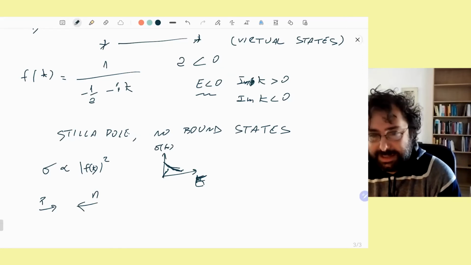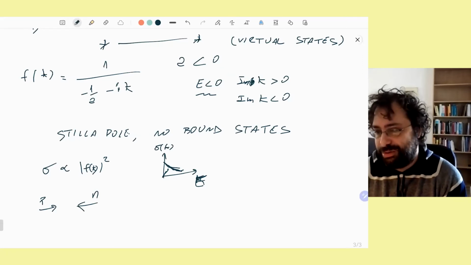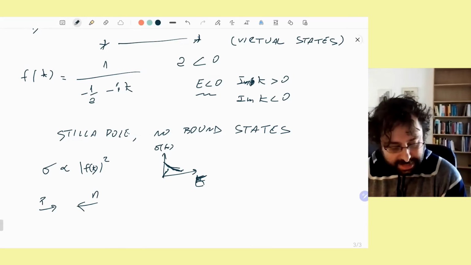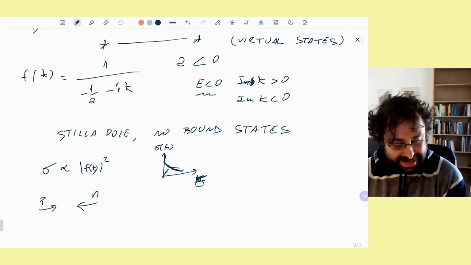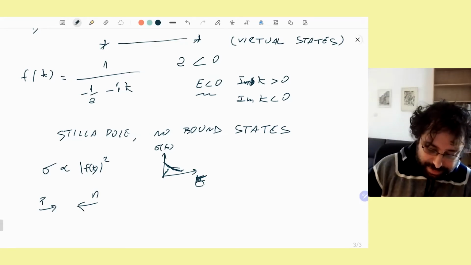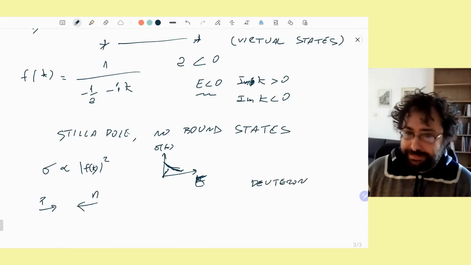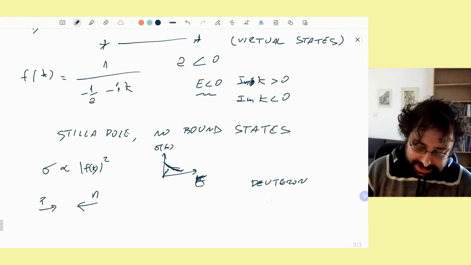Okay, you know that deuteron nuclei do exist, and this is the benchmark basically of this shallow bound state. But you know, for example, that the deuteron is a spin 1 object.